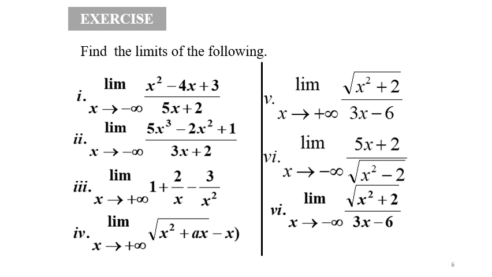So that's all. So I hope you can try to answer this exercise and obtain the answer, to make sure that you fully understand this concept of limit at infinity. So until now, thank you very much.